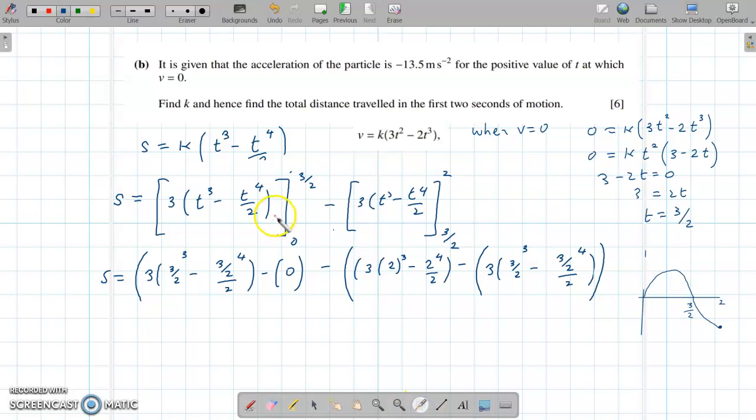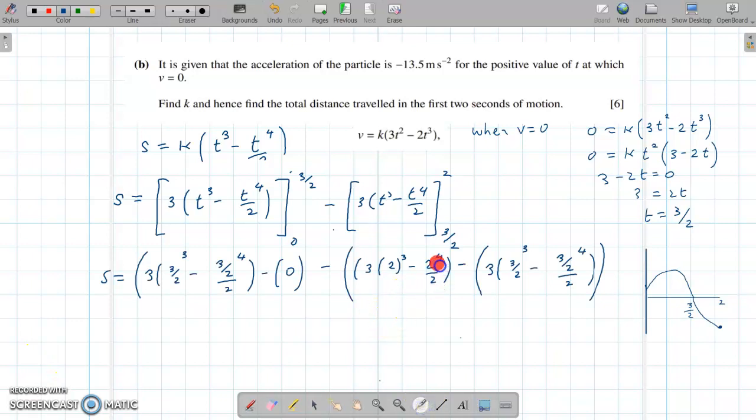So I've subbed in 3 over 2 here, minus subbing in 0, which is just 0, minus subbing in 2 here, minus subbing in 3 over 2 here.